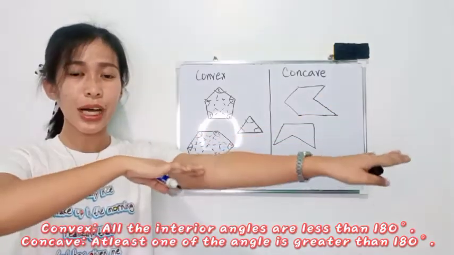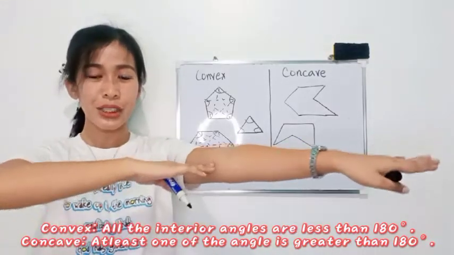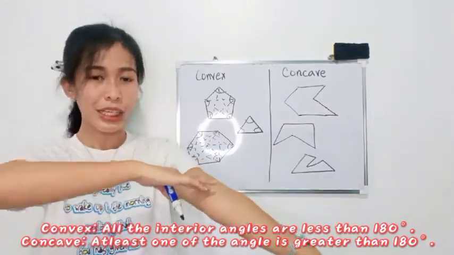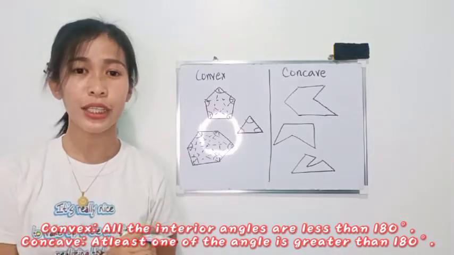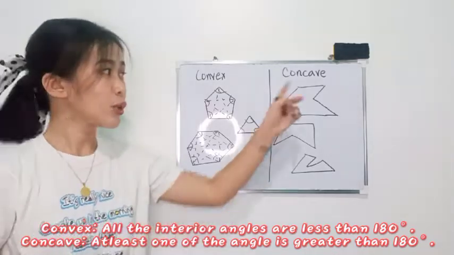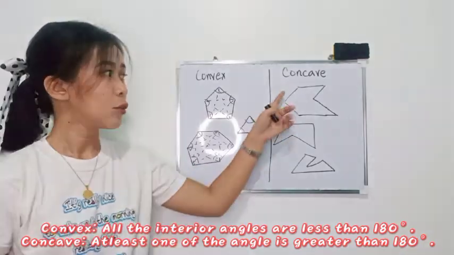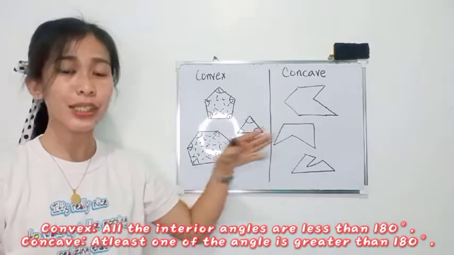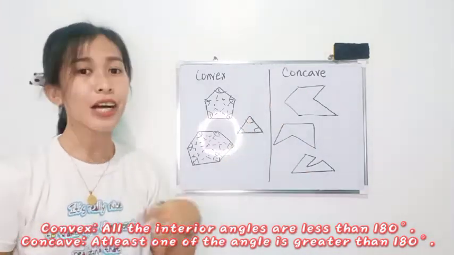Remember, kapag naman yung angle is gumanyan, halimbawa, lumagpas siya ng straight line, or bumaba siya, that is greater than 180 degree. And yun na nga is a property of a concave polygon. One or more angles, kapag nag-form ng greater than 180 degree, that is a concave polygon.